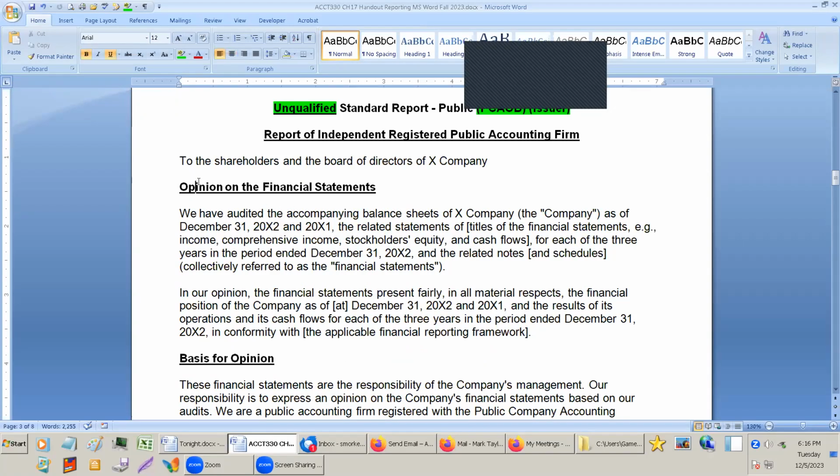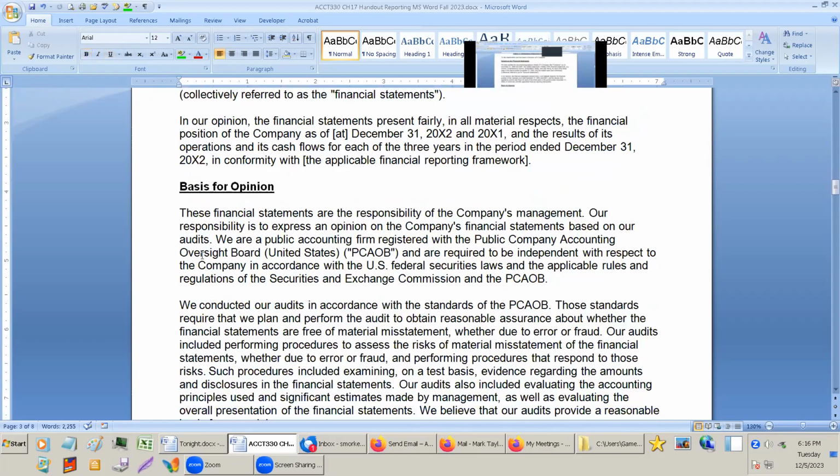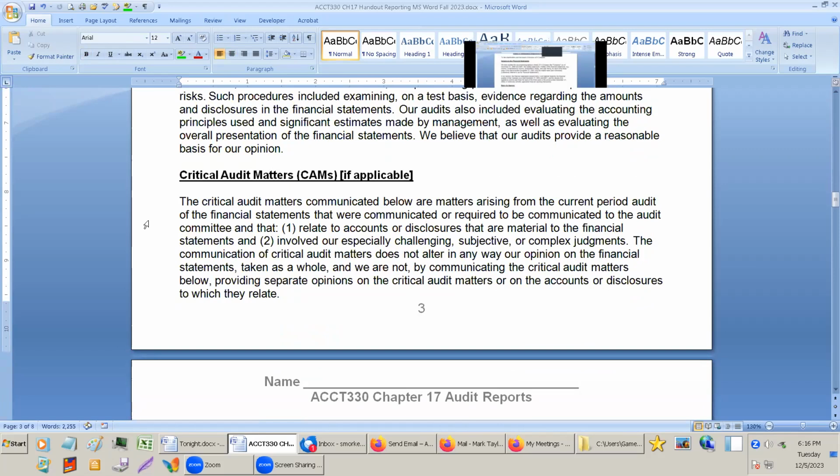Again, it pretty much starts out similar. Opinion on the financial statements, basis for an opinion. You'll notice something. They also have CAMs, but they have different CAMs. Their CAMs are not key audit matters, they're critical audit matters.